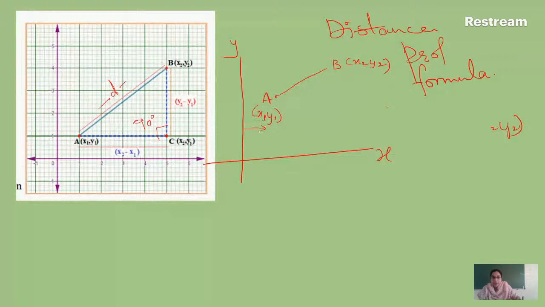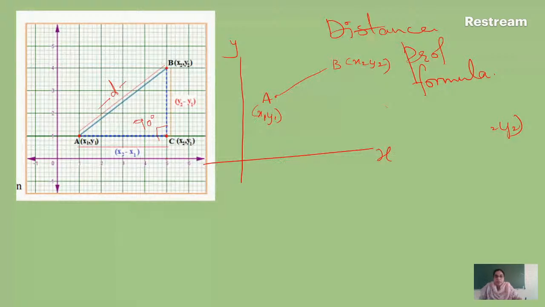Suppose this is your point A. x1 is always representing the distance of that point from the y-axis, whereas y1 represents the distance of that point from the x-axis.